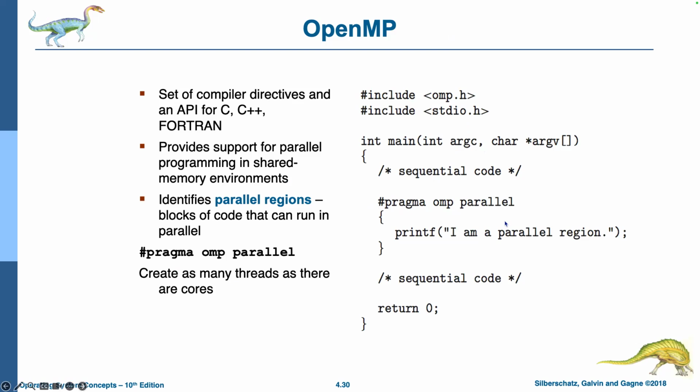The compiler will compile this as a parallel version, and it will assign it to each of the cores in a CPU. This is the parallel region. The printf is running in parallel, and then here is sequential code again. This pragma omp parallel is a macro.